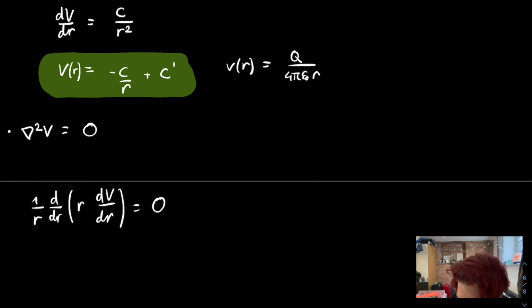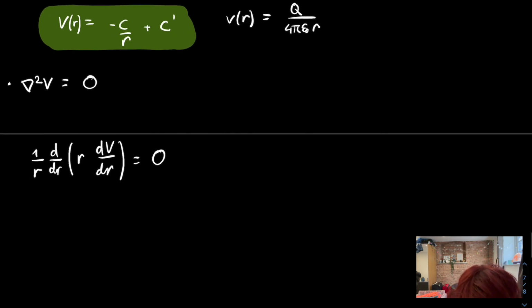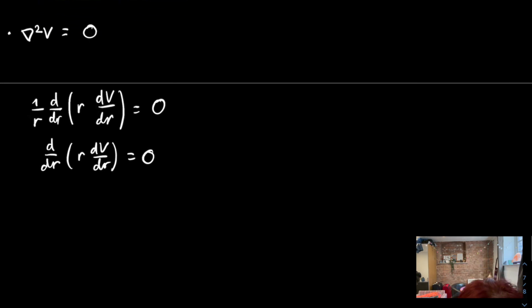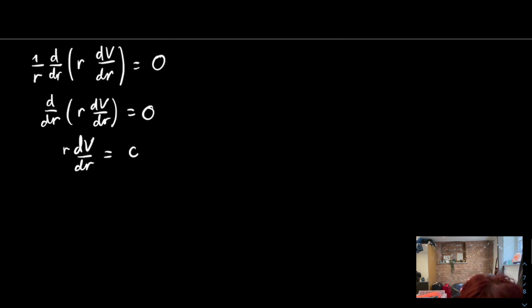Remember, this is the Laplacian equation in cylindrical coordinates rather than spherical. So let's solve this in a similar way. We get d by dr of r dV by dr is equal to 0. Integrating this the first time, we get r dV by dr is equal to a constant. We divide this by r, so we get dV by dr is equal to c divided by r.